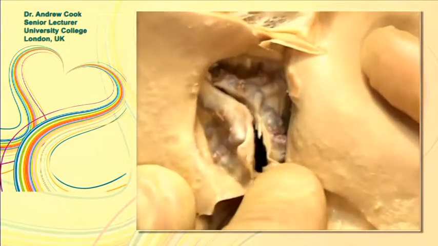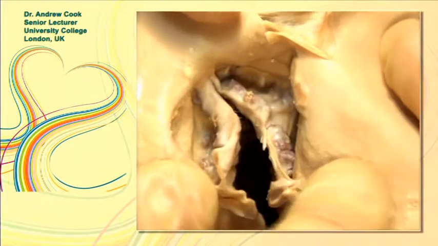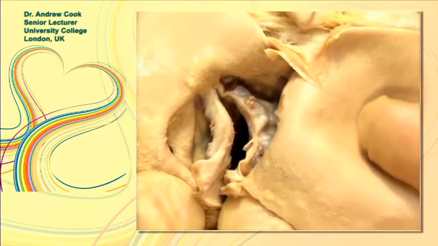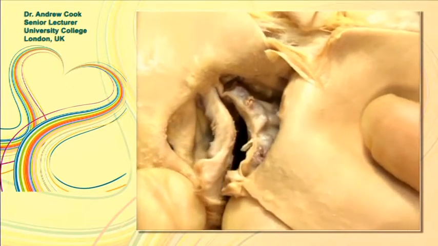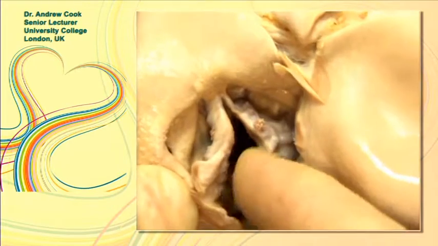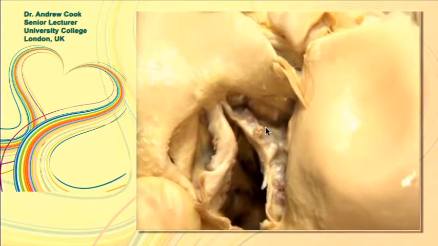You'll appreciate, as we view the valve from above, it really is a bicuspid valve with an oval shape or slit-like orifice. Now, there's quite heavy calcification in this example of the leaflets.